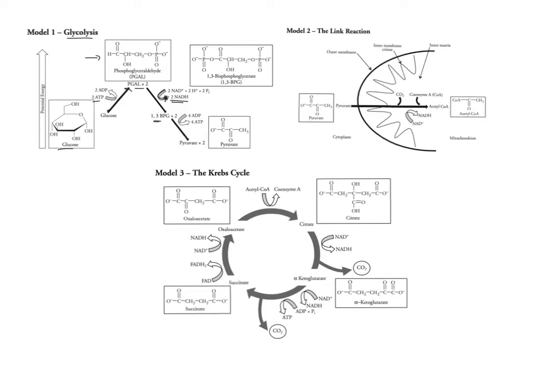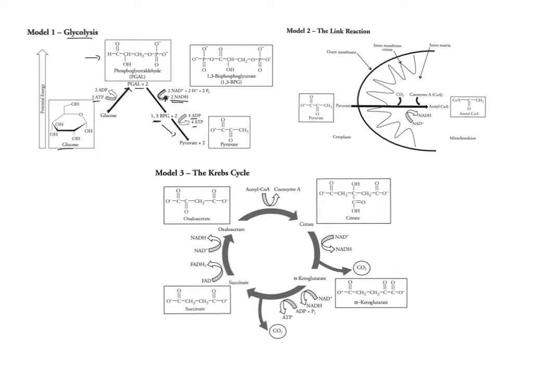Afterwards, this molecule of 1,3-BPG is rearranged again into pyruvate, and that also releases some energy, but in this case, it's going to result in the phosphorylation of ADP, right? So this exergonic process is coupled with an endergonic process, which we know is the phosphorylation of ADP.